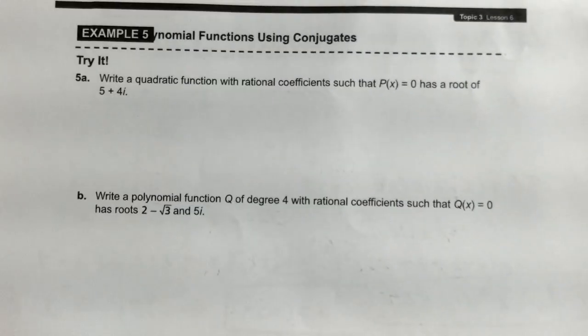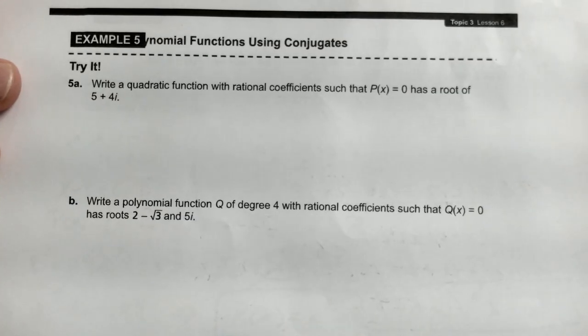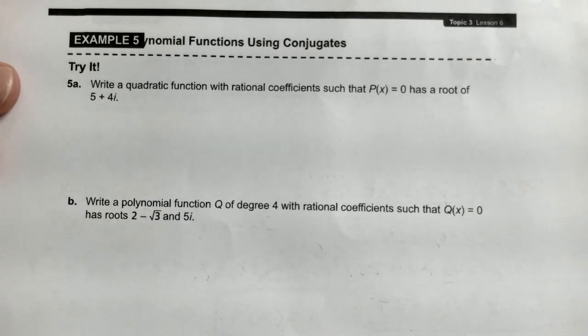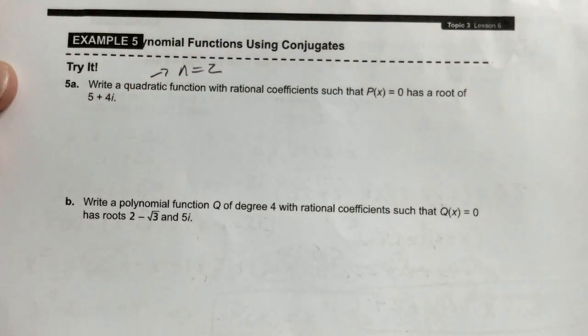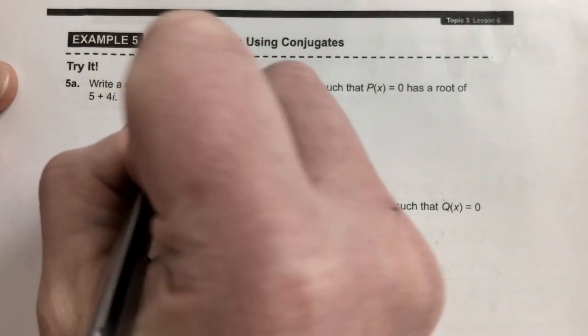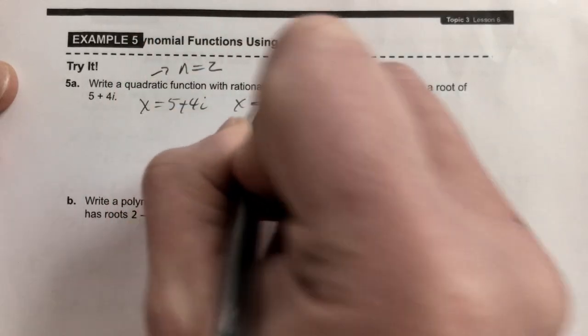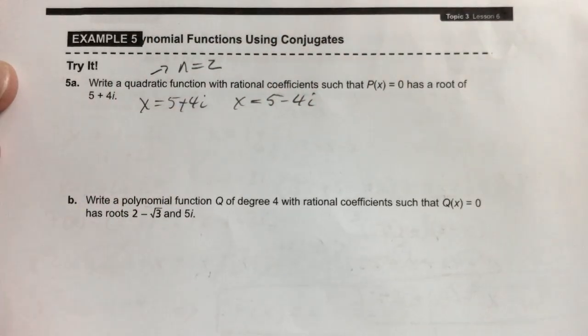All right, again, if I go too fast through any of this, please pause and write it down. Try this out on your own. See if you can get it. So quadratic function, that means the degree here is 2. So x equals 5 plus 4i, and x equals 5 minus 4i.